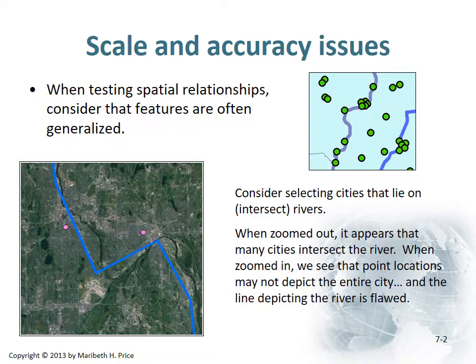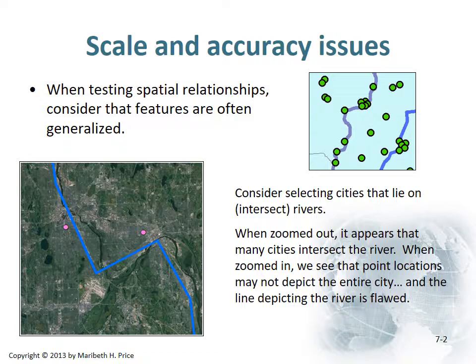So let's take that idea from a previous slide of thinking about cities that intersect or are close to rivers. So let's make it an intersection. If we want to select all of the cities that intersect a river, and we know that there are a lot of cities that exist right on the banks of a river, so we should get returns back from those.